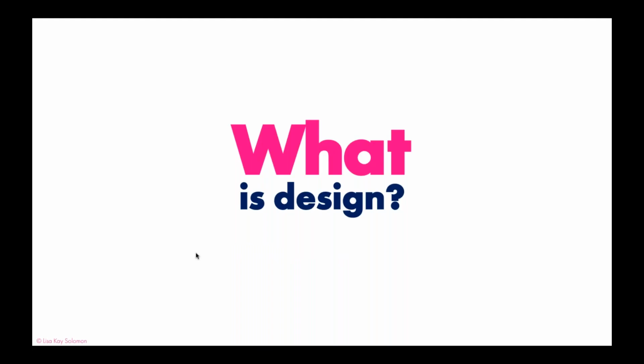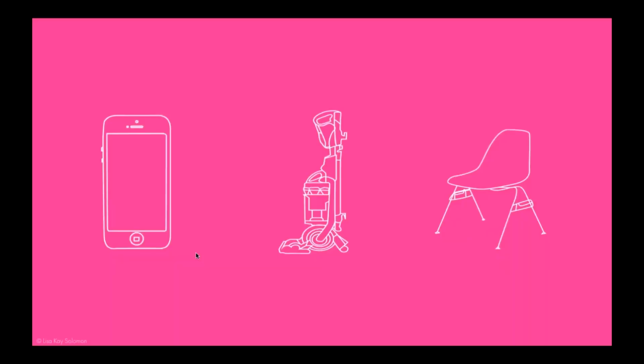So many of you probably have something in your life that you would call well designed, that you would say, wow, this delivers great utility to me and great joy. Maybe it's your new iPhone. Maybe it's your Dyson vacuum cleaner that picks up dirt from the floor and does it quietly without a bag and without a cord, and it delivers incredible amazement.